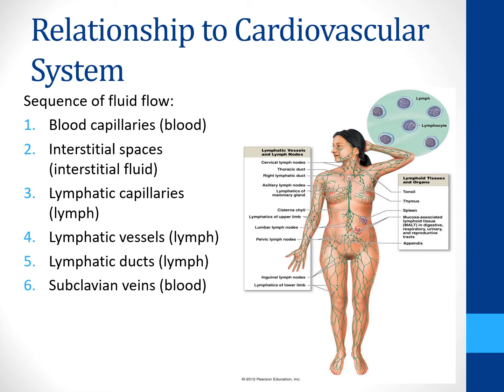And then we've got lymphatic vessels and lymphatic ducts, which are larger as you go along, and they then drain back into the subclavian veins, where again that rejoins the circulatory system and becomes blood again. So it starts as blood, interstitial fluid, then lymph, then back into the blood system.